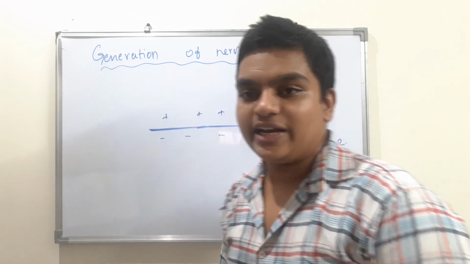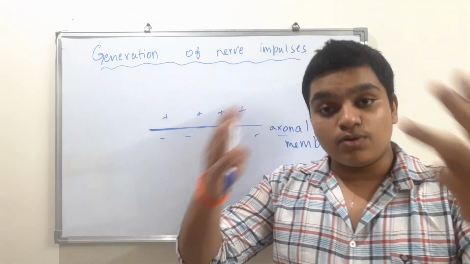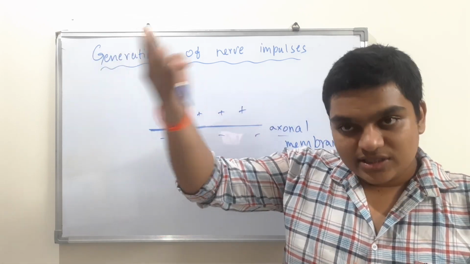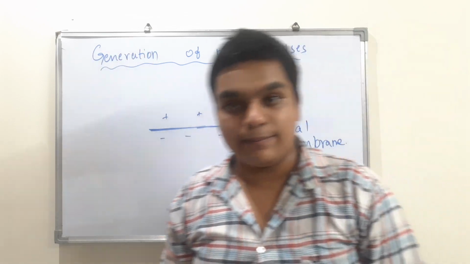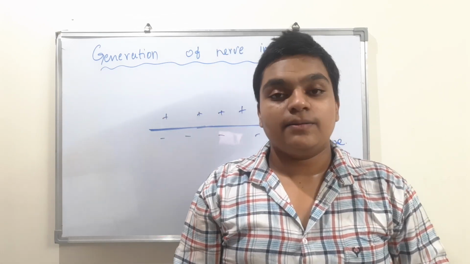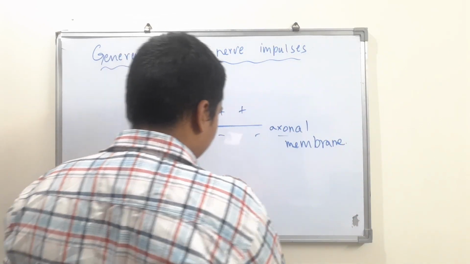This is the polarized state of an axonal membrane. Both charges are balanced outside and inside the axonal membrane. This is done, even when we are at rest, only because of the sodium and potassium pumps.